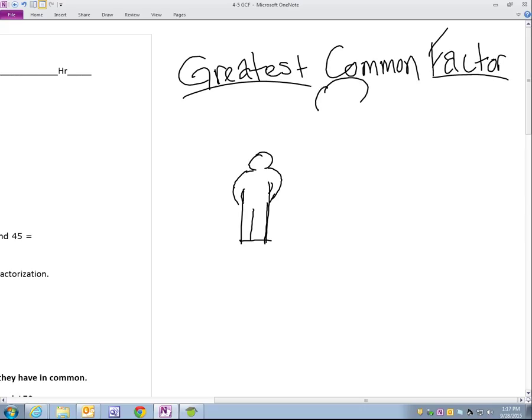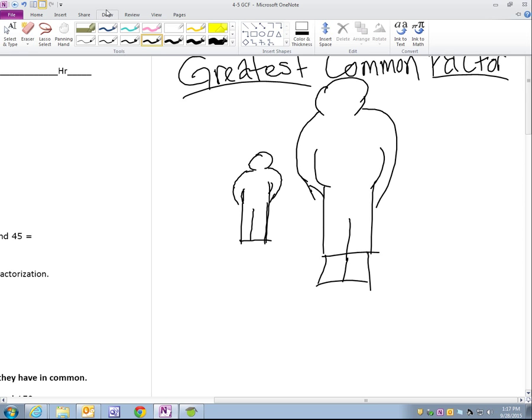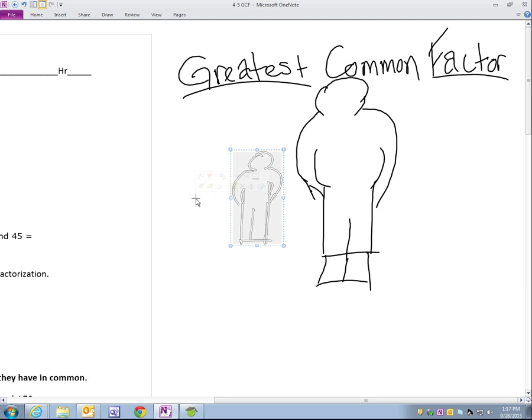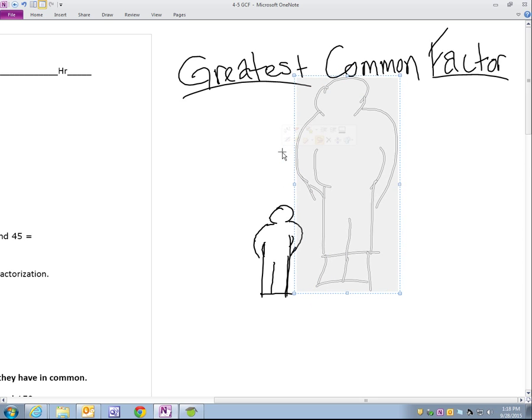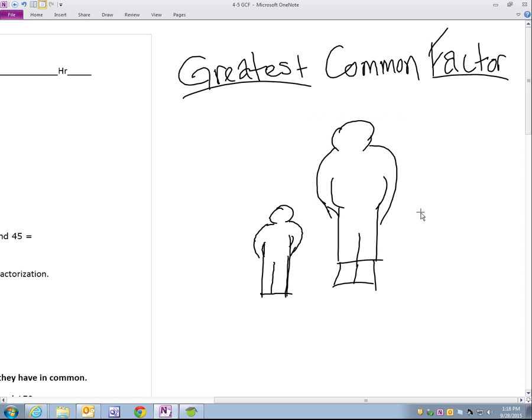Now think of it as a comparison with the smallest lineman of the Rams standing next to the biggest gymnast on the U.S. team.